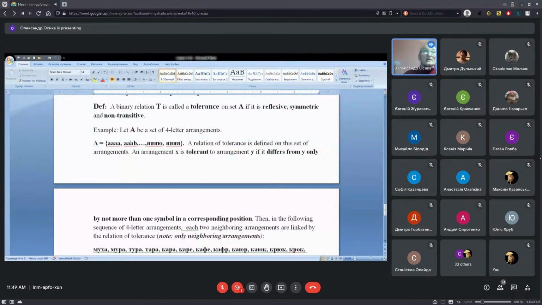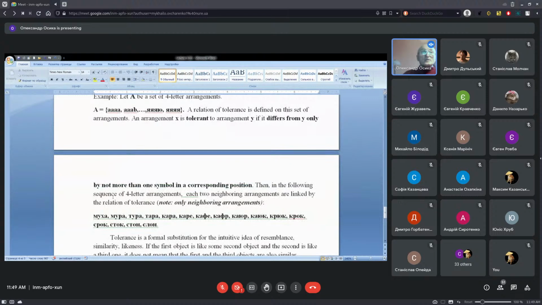Here, all of them are different. That's why only these are in this relation. We can take this in relation to this sequence, or this in relation to T here, because they differ only in position number 4.